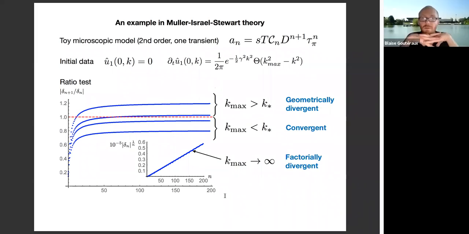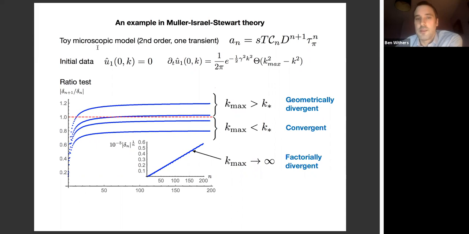So then I'm confused. How come you can play with this toy microscopic model where you do keep the transient mode? The data is the hydrodynamic sector data. You can take MIS and do the procedure I outlined, where you replace time derivatives by spatial derivatives, and then you get an infinite series.